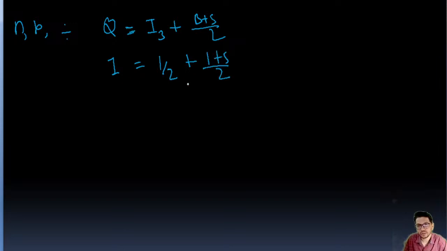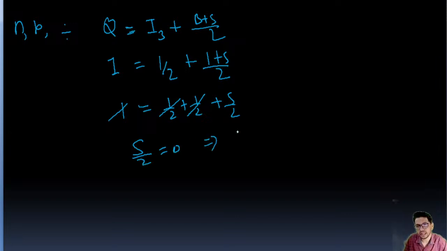So 1 equals 1 by 2 plus 1 by 2 plus S by 2. This will get cancelled, so S by 2 equals 0, which implies S equals 0. So for the proton, strangeness is 0.